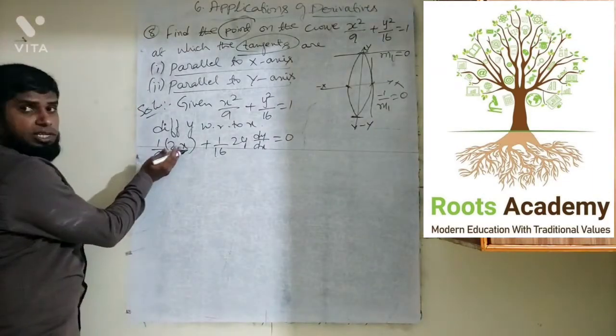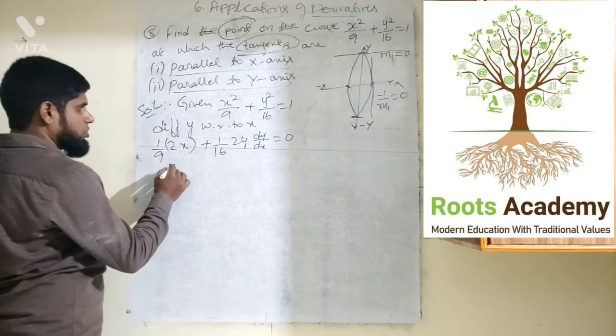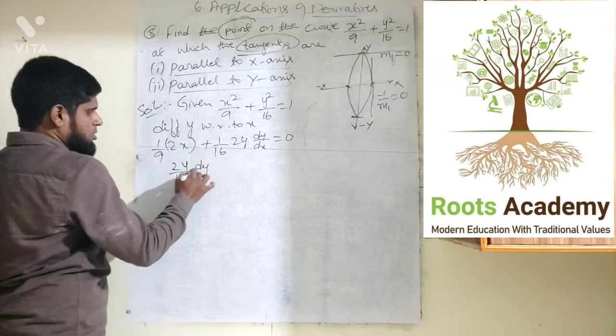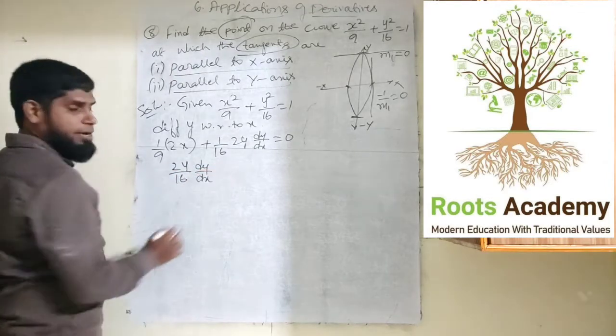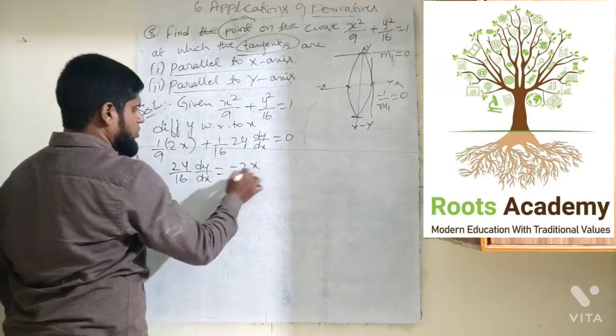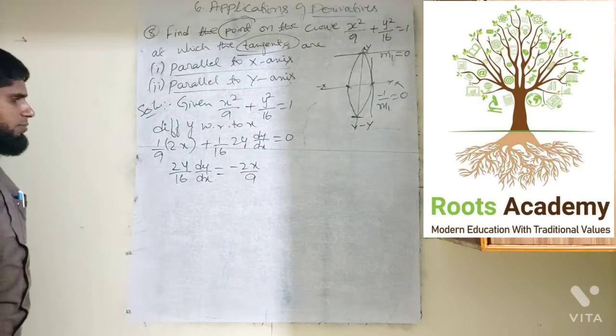So let me shift this 2x by 9 to the other side. So 2y by 16 dy by dx is equal to minus 2x by 9.